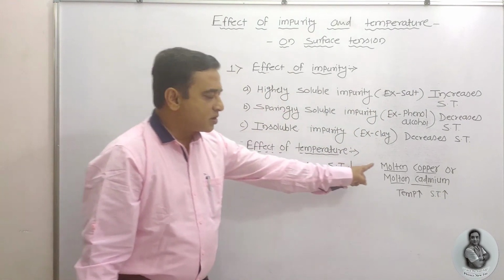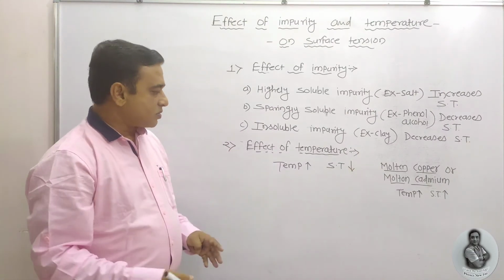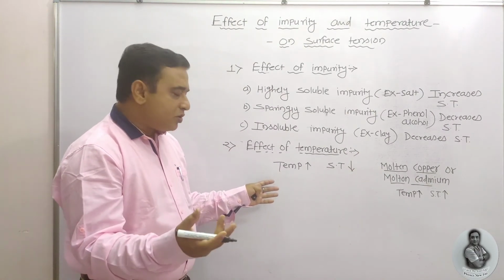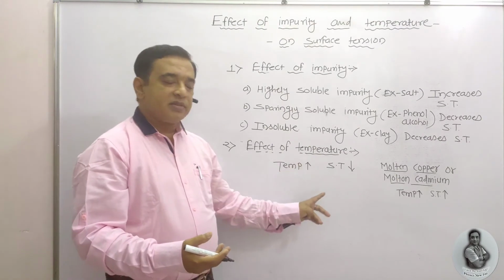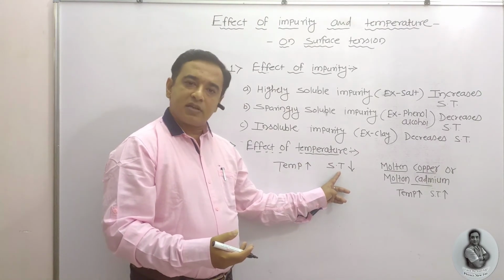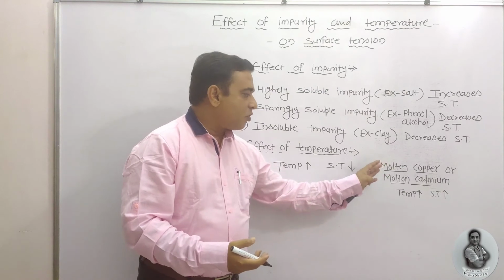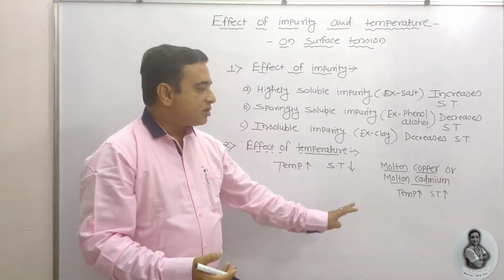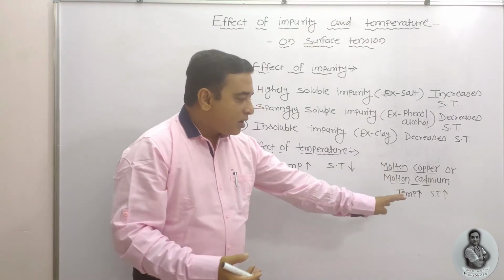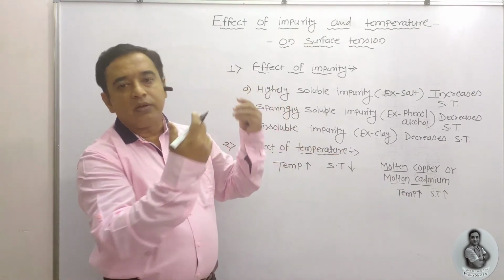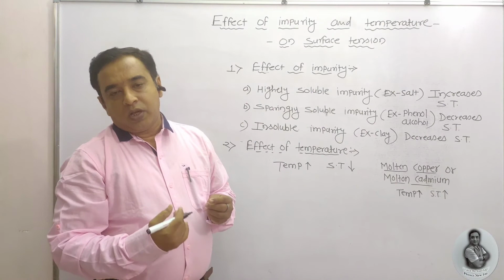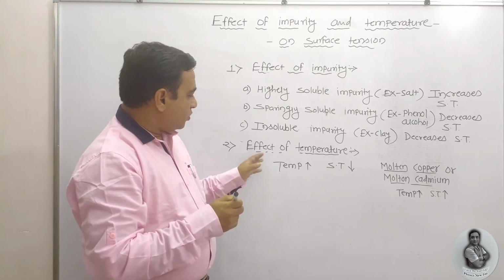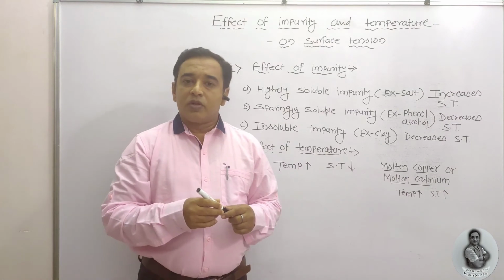This is the exceptional case. For general liquids, which we use daily, as the temperature increases, surface tension decreases. But in the case of molten copper and molten cadmium, as the temperature increases, surface tension also increases.